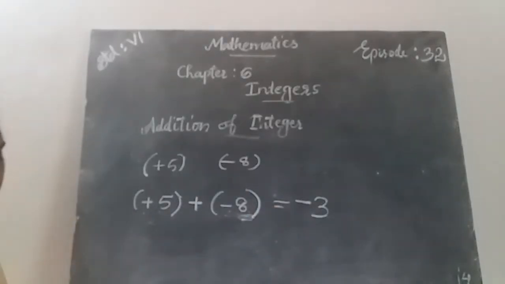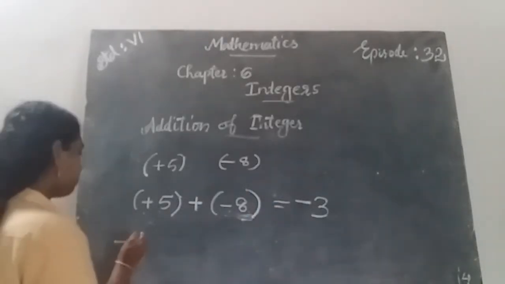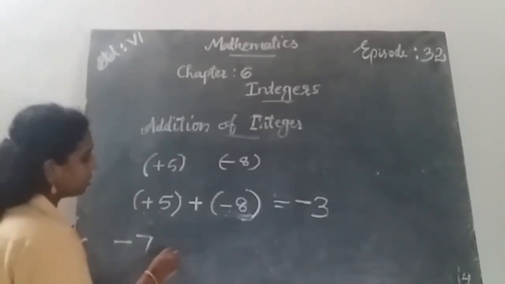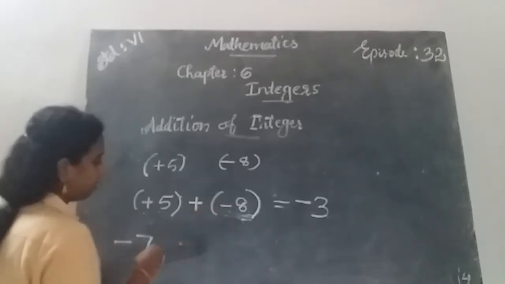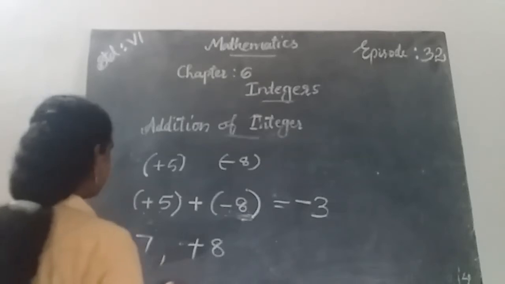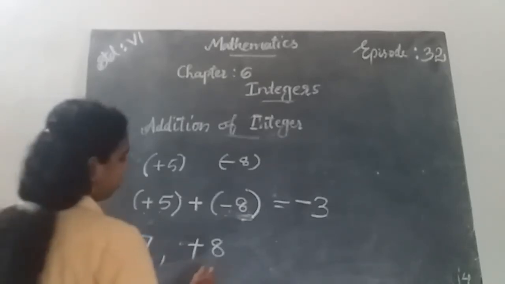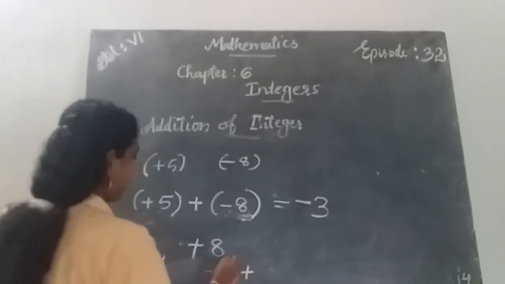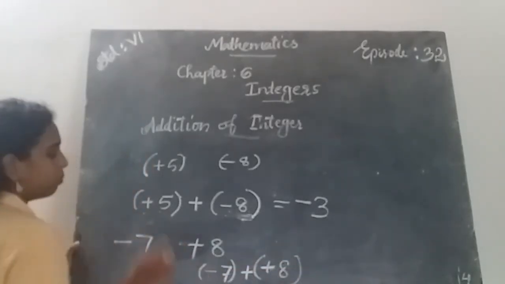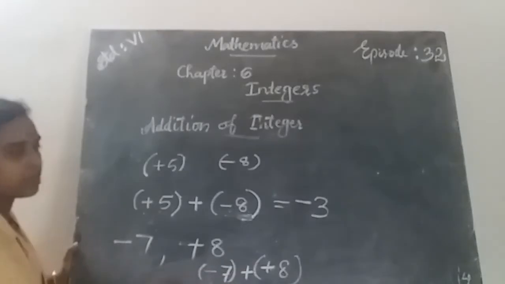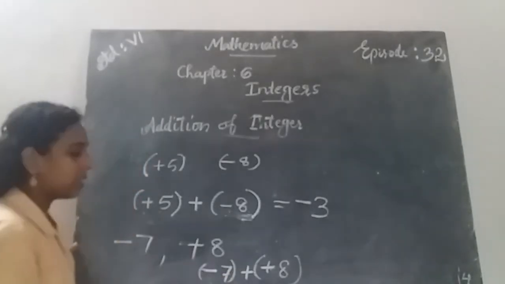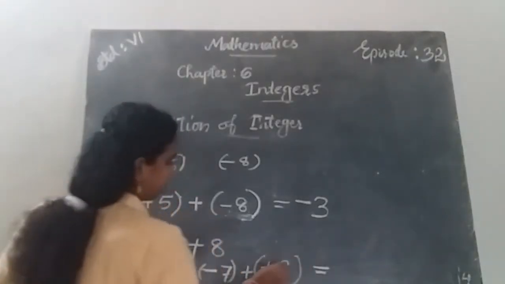For another example, if we take two integers, one positive and one negative, minus 7 and positive 8, and we want to add these two numbers, we write negative 7 plus positive 8. One is positive and one is negative, so we subtract these two numbers, that is 8 minus 7.